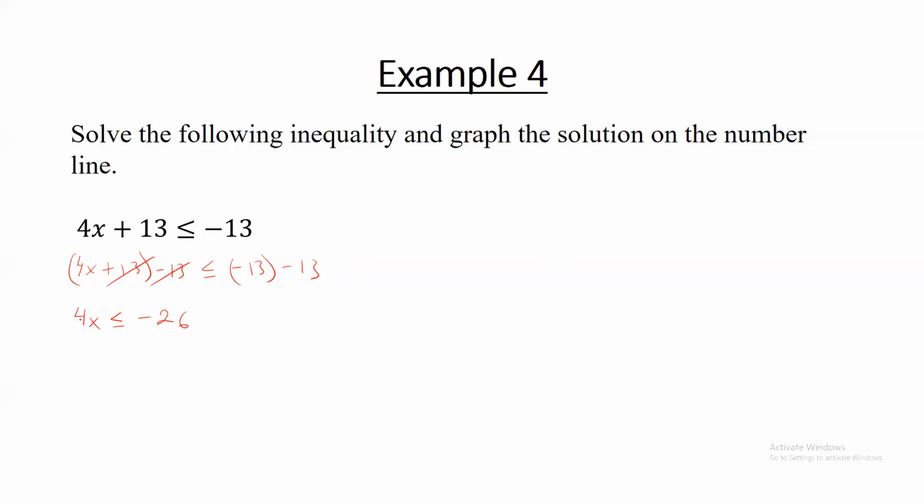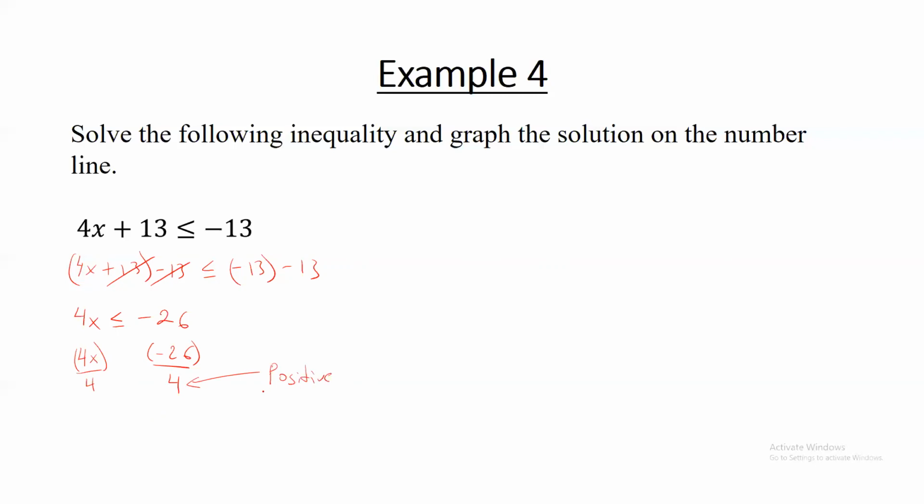Here, x is being multiplied by 4. To undo that, we will divide by 4, right? We take the 4x and we divide it by 4, and we take the negative 26 and we divide it by 4. Notice that here the number we are dividing by is a positive 4.